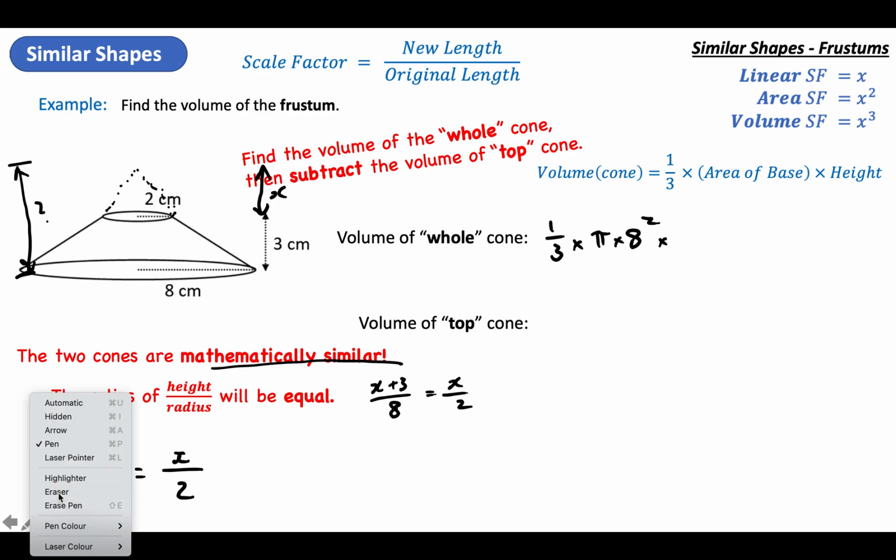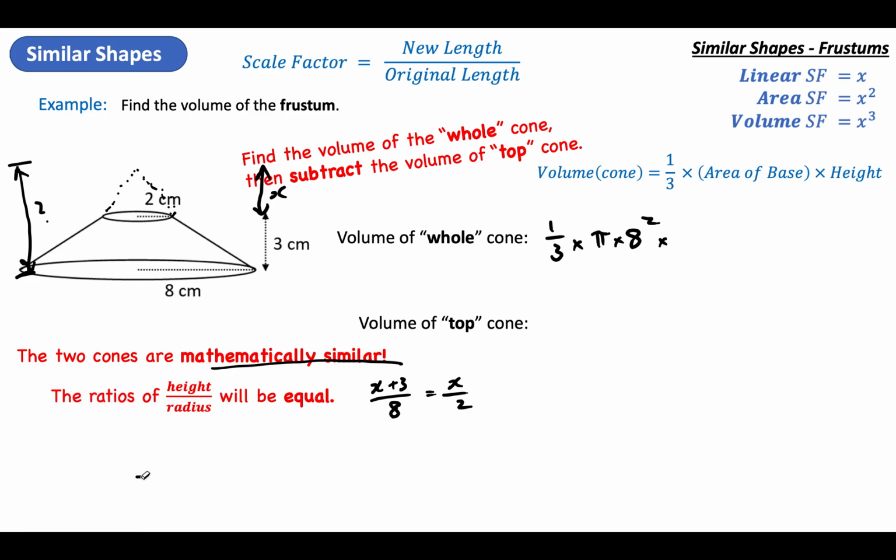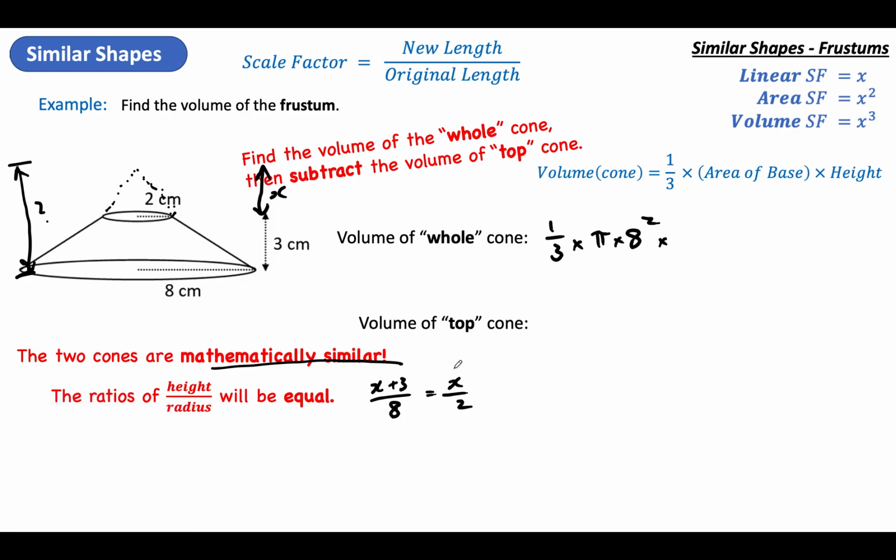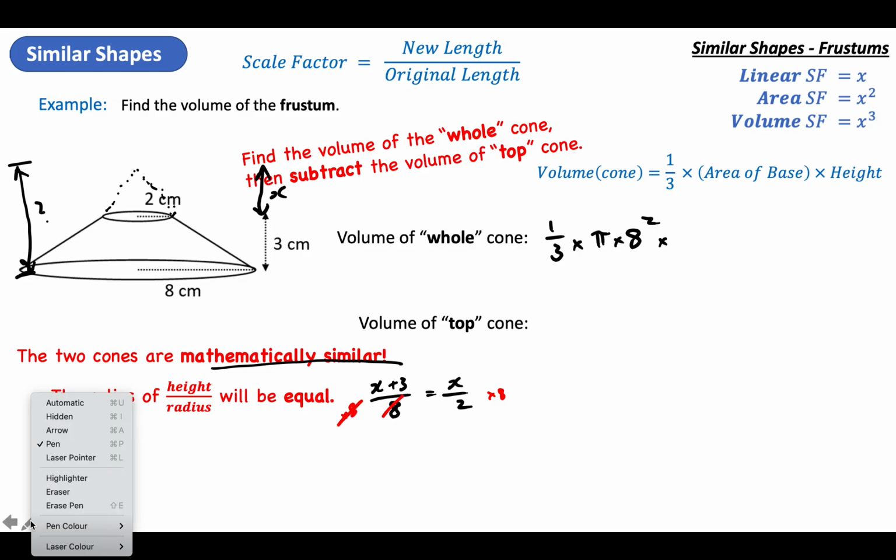Okay. Now, let's find out what x is. We are going to solve it. I'm going to times both sides by 8, first of all. And 8 times this side is going to cancel out that fraction. So on this side, I will just have x plus 3. That's why I times it by 8, to get rid of the fraction.